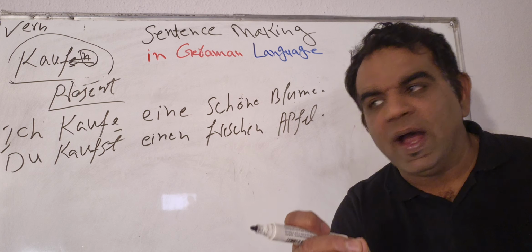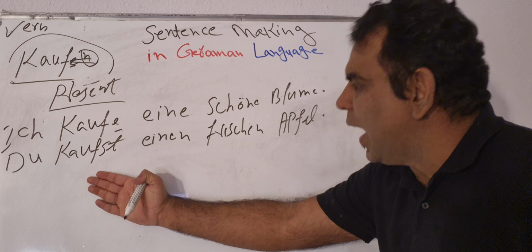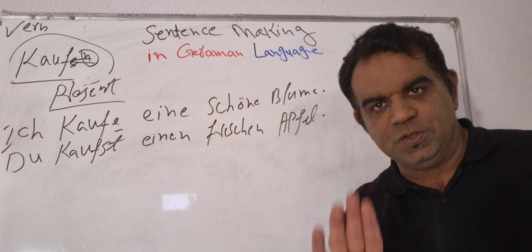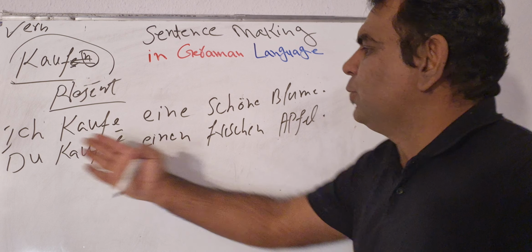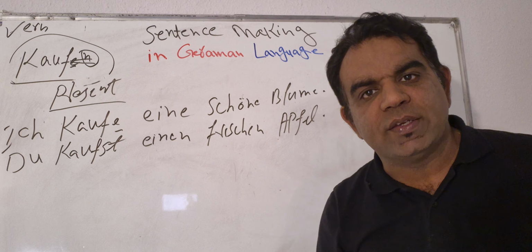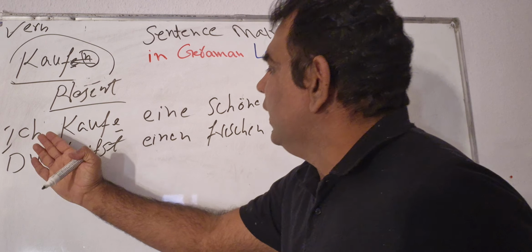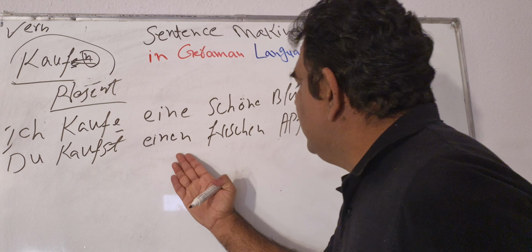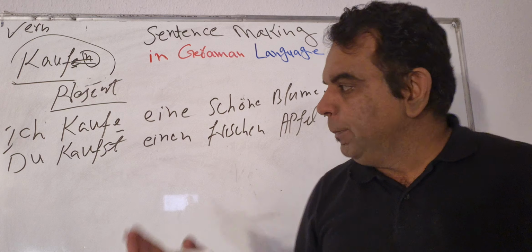Did you understand? And you can make any sentence. You can say du kaufst eine schöne Blume. It's up to you what you want to write. For example, ich kaufe einen frischen Apfel. I am buying a fresh apple.